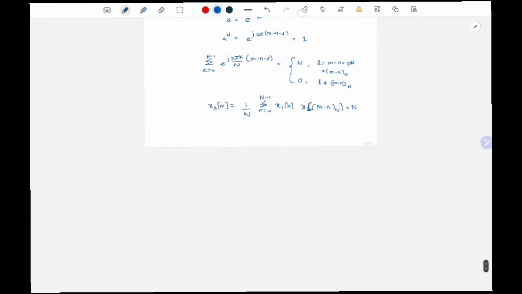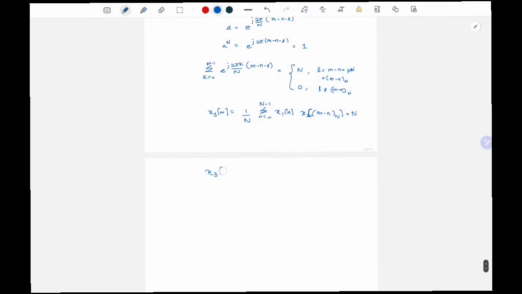So this n and n will cancel. So I'll get x3 of m is equal to summation n equal to 0 to n minus 1 x1 of n x2 of m minus n modulo n, and my m is equal to 0, 1 to n minus 1. So this is called circular convolution.